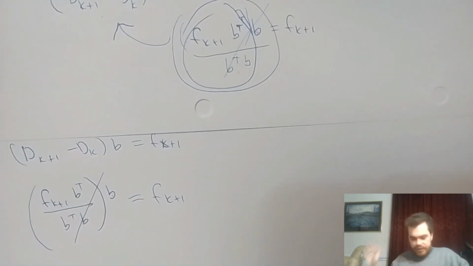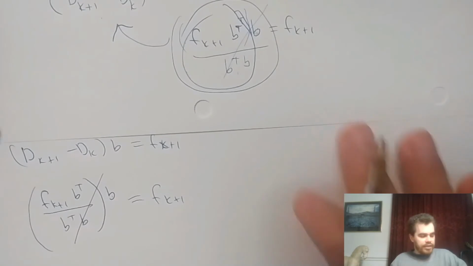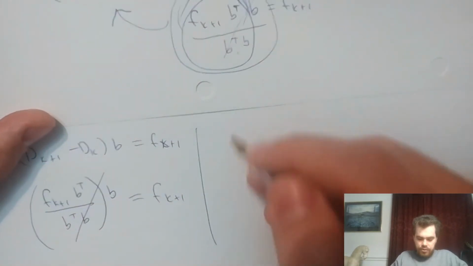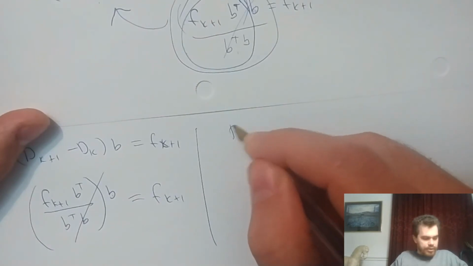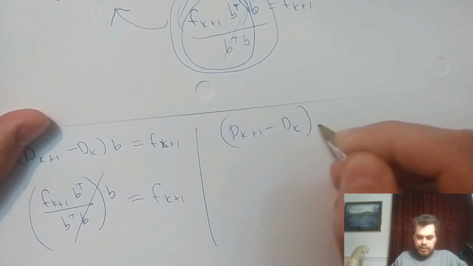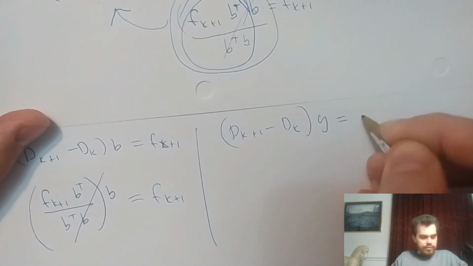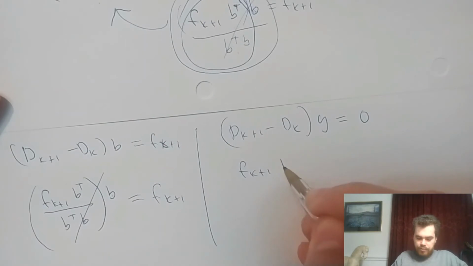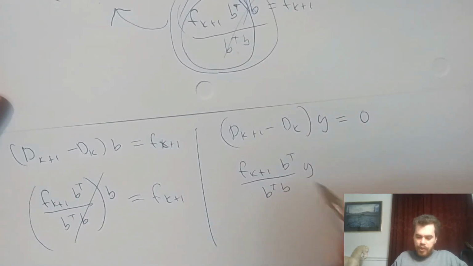Whammo bammo. That's great. So our first one is satisfied, and our second condition was dk plus 1 minus dk, that difference times y, is equal to 0. Well, let's plug it in. Fk plus 1 b transpose over b transpose b times y.